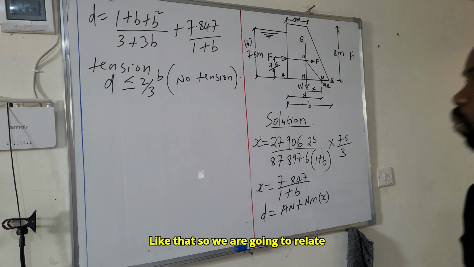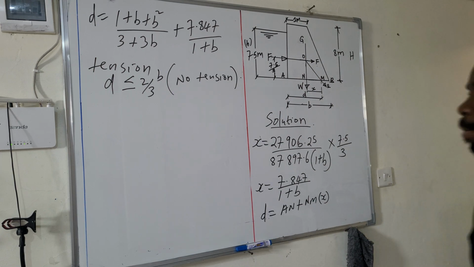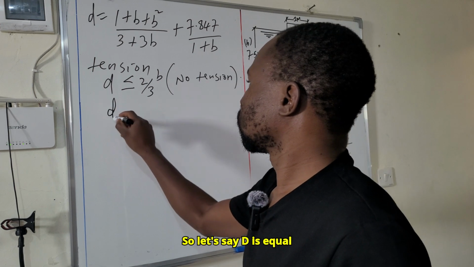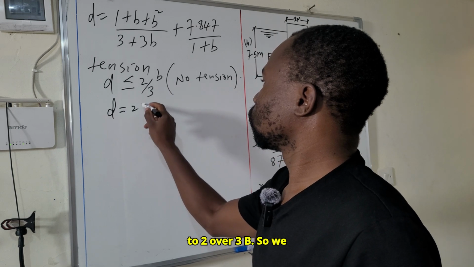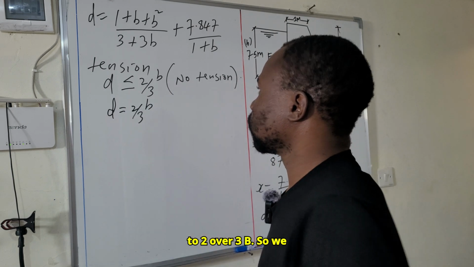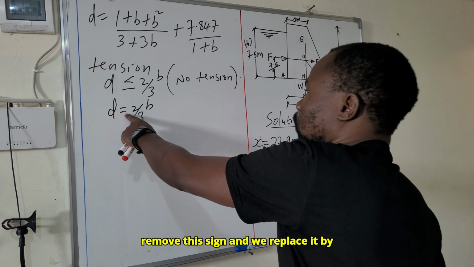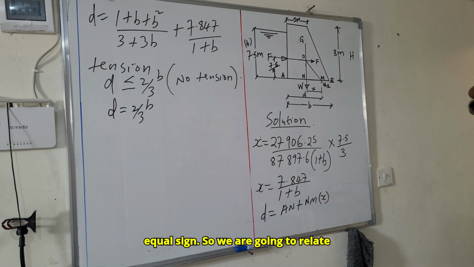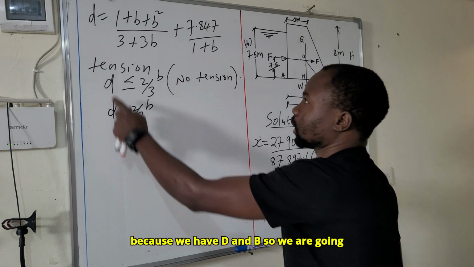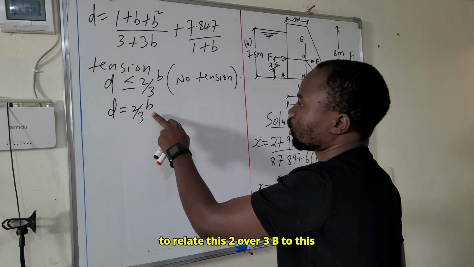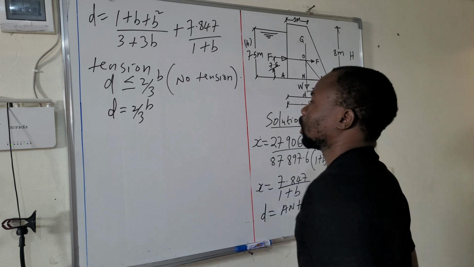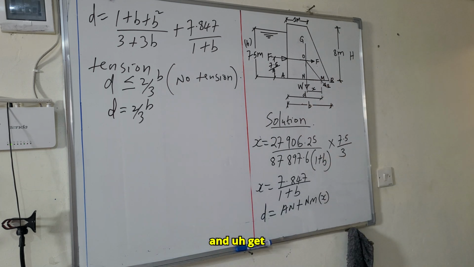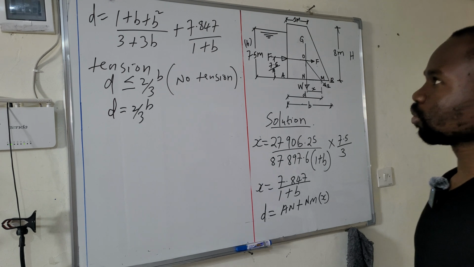So we are going to relate. So let's say d is equal to 2 over 3 b. So we remove this sign and we replace it by an equal sign. So we are going to relate this 2 over 3b to this, and get an expression that will give us the value of b.